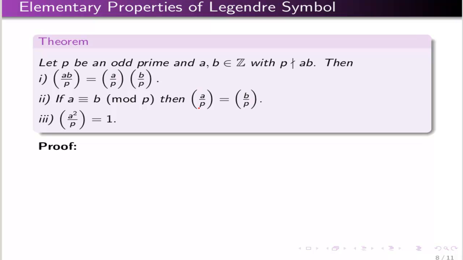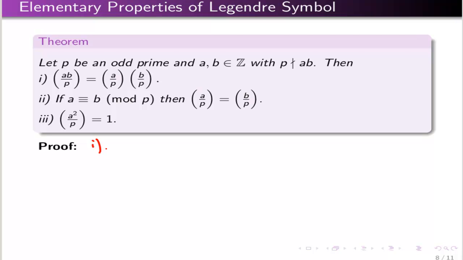Whether a is a perfect square or not mod p just depends on the residue class. So there's nothing going on there. And property 3 is absolutely trivial. If you start with the square of an integer and ask, is it a perfect square mod p? Well, yes, of course, because it's congruent to a squared mod p. So that's a trivial statement. The only thing interesting is part 1.